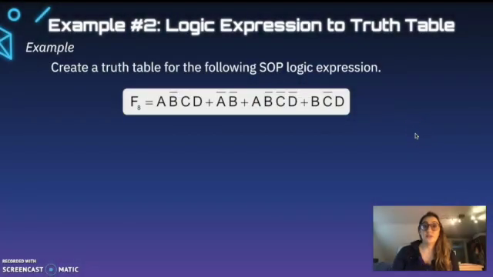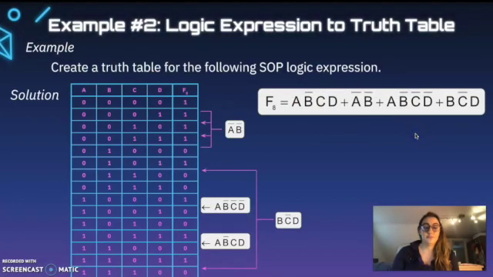Okay, so let's go over this together. So we started with F8 equals A, B naught, C, D, or A naught, B naught, or A, B naught, C naught, D naught, or B, C naught, D. So let's start by looking at how we set up the truth table. We labeled our inputs A, B, C, and D, and then our output as F8.